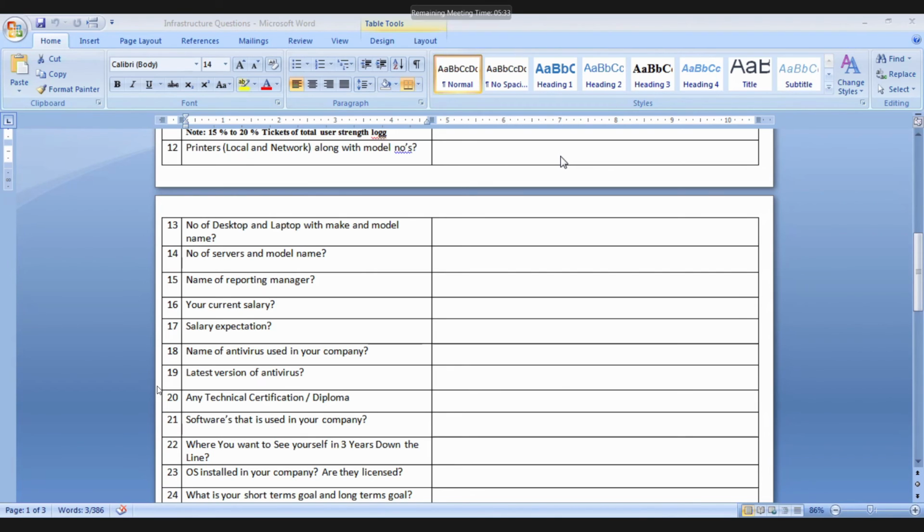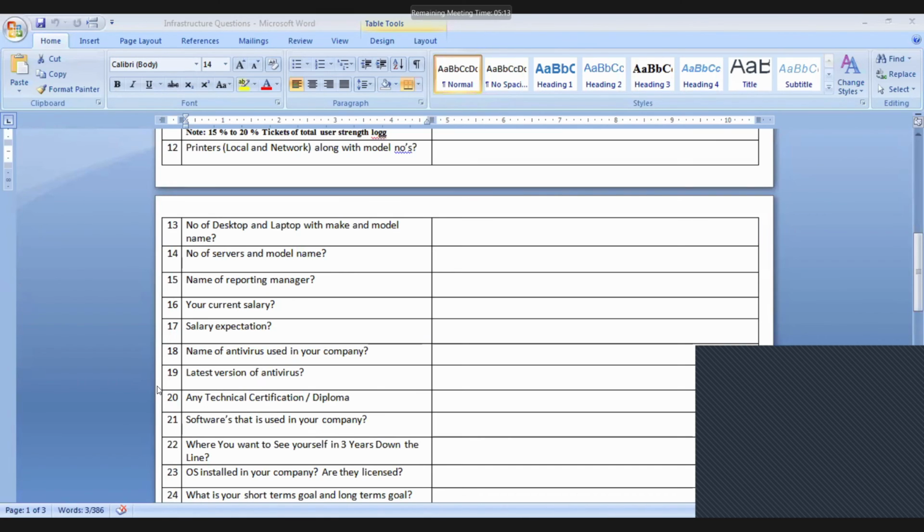Now the second question is, what is your notice period? In this case, suppose you get a first interview call on the 16th of May, which is a Monday.